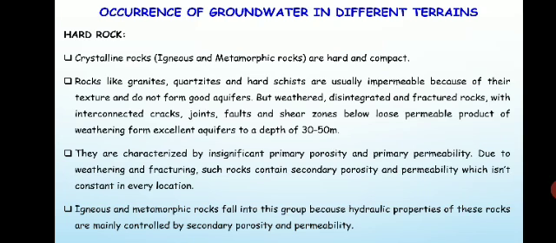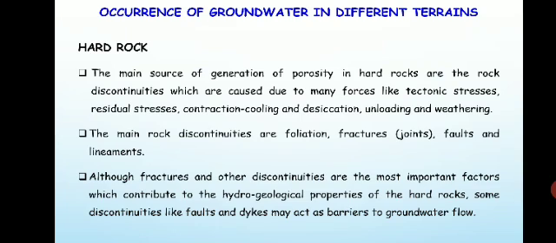These igneous and metamorphic rocks fall into this group because their hydraulic properties are mainly controlled by secondary porosity and permeability. Whatever hydraulic properties these hard rocks show are because of the secondary porosity and secondary permeability.